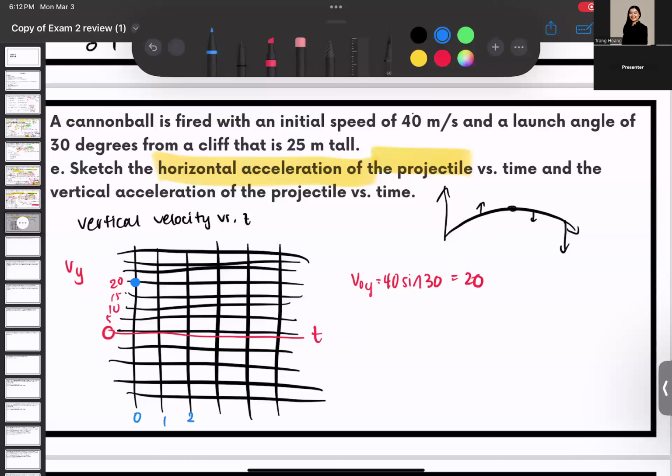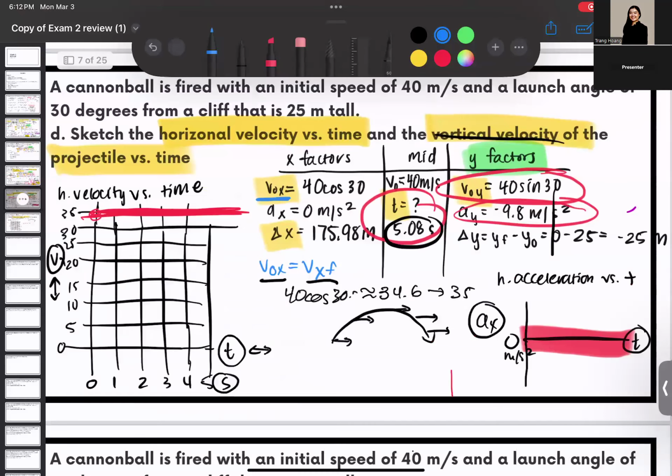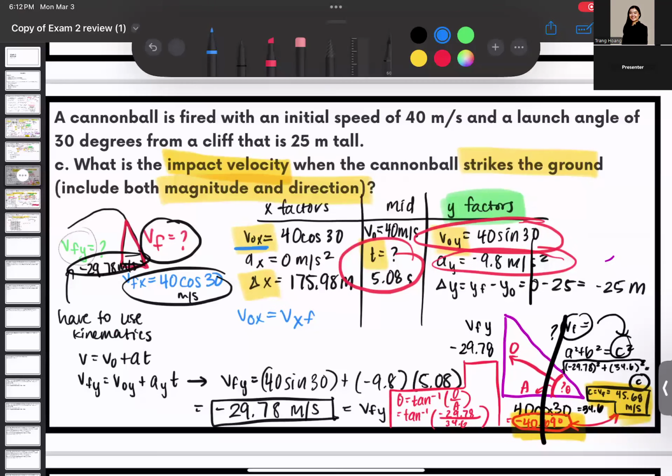We also have information on how this ended up. Earlier in this question, we saw our final component of vertical velocity. That final component was right here, not the highlighted one, but this one, negative 29.78, which rounds to about negative 30. So I know that around 5.08 seconds, I'm going to end up at negative 30.